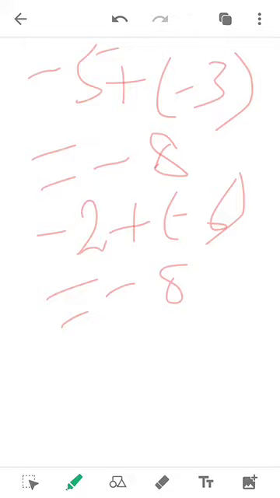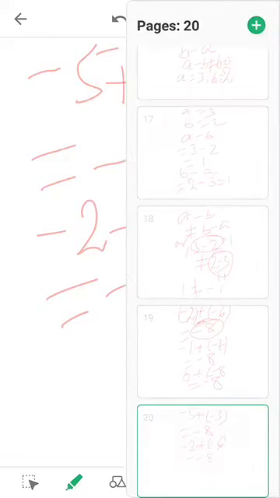Hence, we get pairs whose sum is minus 8. That is, minus 1 minus 7 is equal to minus 8.